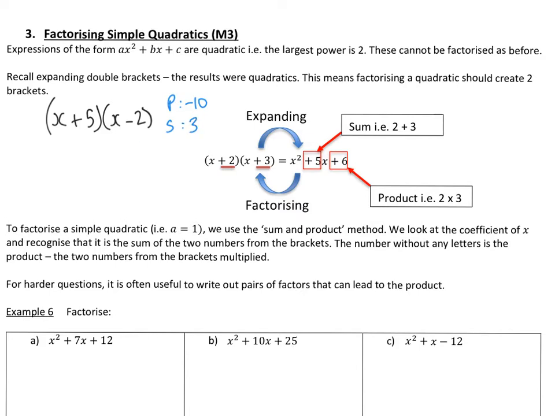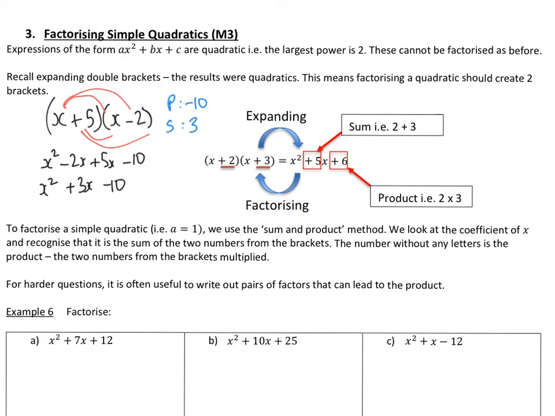So let's expand these brackets out and see whether those numbers appear. Using our FOIL, we multiply the first together, then the outer, then the inner, and then the last. So x times x is x squared. Then we have minus 2x plus 5x minus 10. Combining the minus 2x and the plus 5x gives x squared plus 3x minus 10.